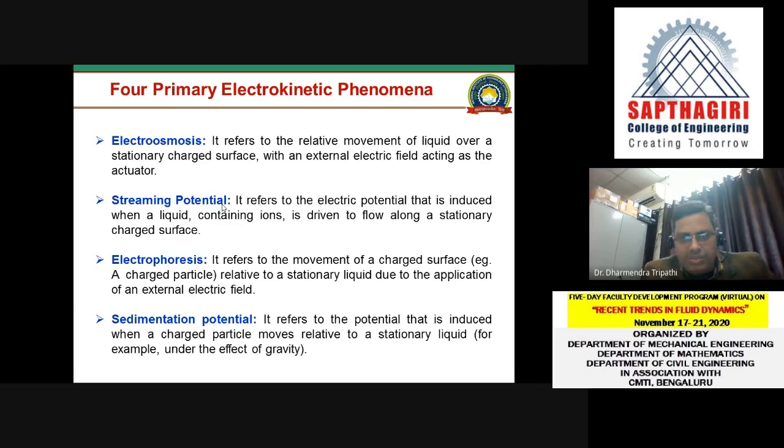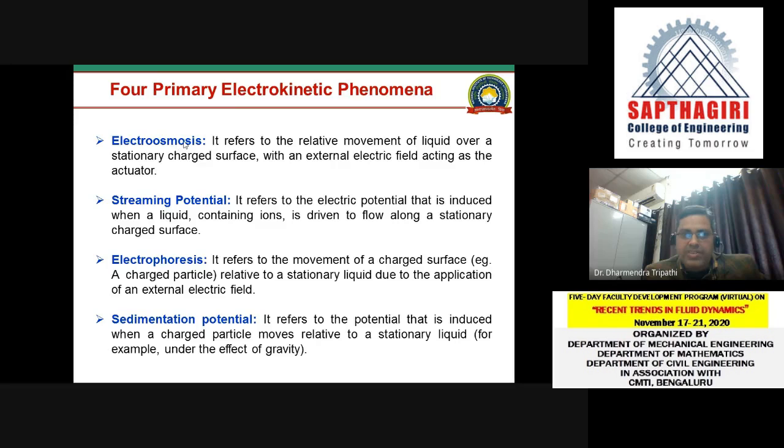As the last speaker told you, in fluid dynamics we are dealing with two types of approach. One is the Eulerian approach, another is the Lagrangian approach. If we are dealing with the Lagrangian approach, then we have to think about the fluid particles. Here, if the fluid particle is a charged particle and we are dealing with the motion of charged fluid particles under the effect of an external electric field, that phenomenon is known as electrophoresis.